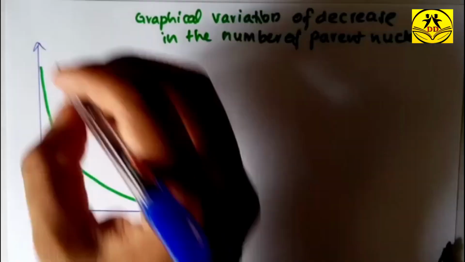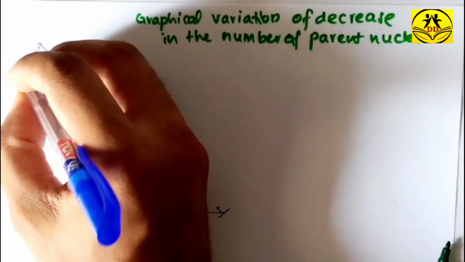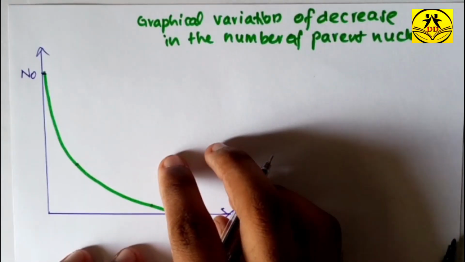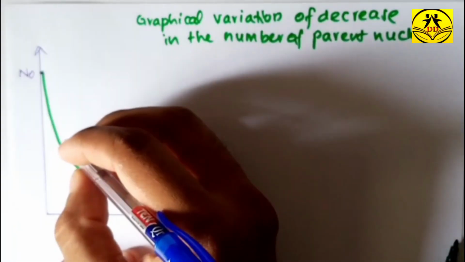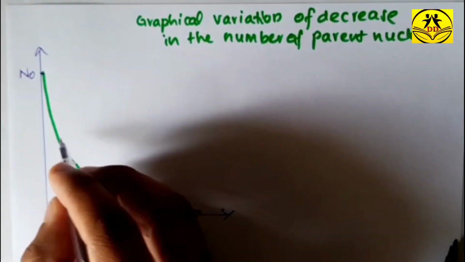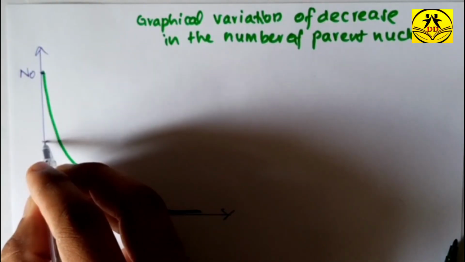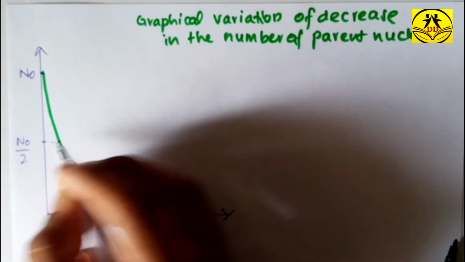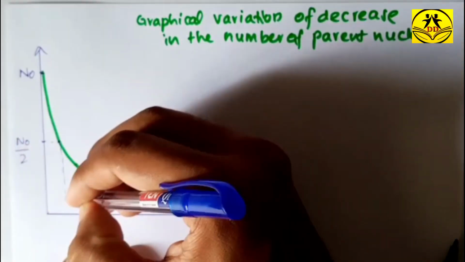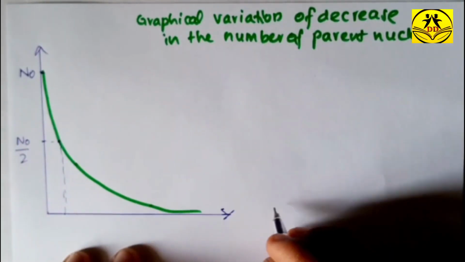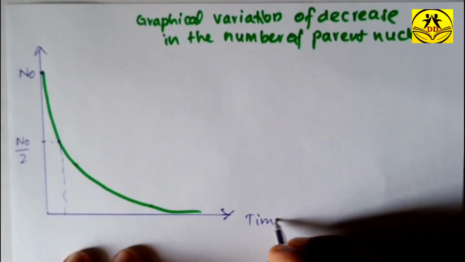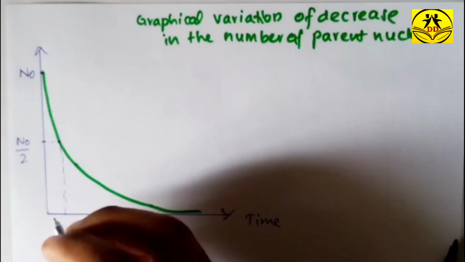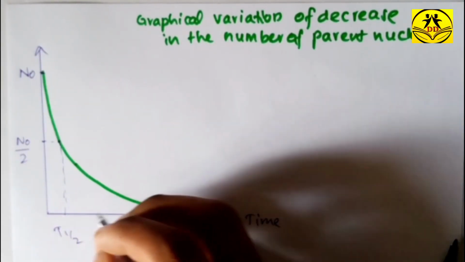Initially there was N naught amount of parent nuclei, and it will get exactly half, N naught by 2, in a time taken which is represented on the x-axis as t half, the half-life.